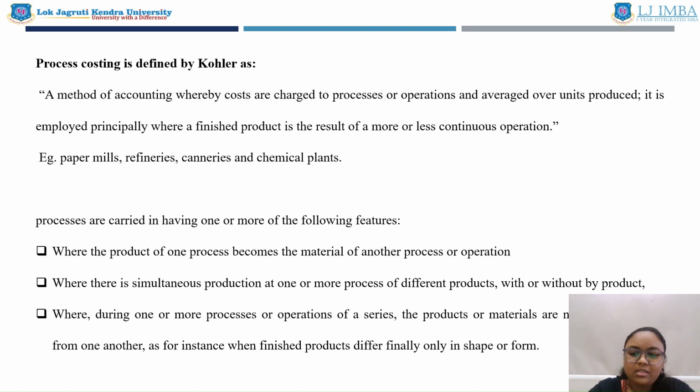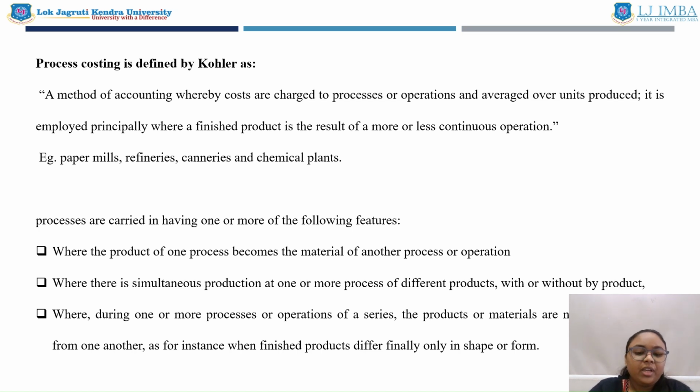What are the features we see in process costing? When the product of one process becomes the material of another, the input of process 1 gives some output, and that output of process 1 will become the raw material or input for process 2.